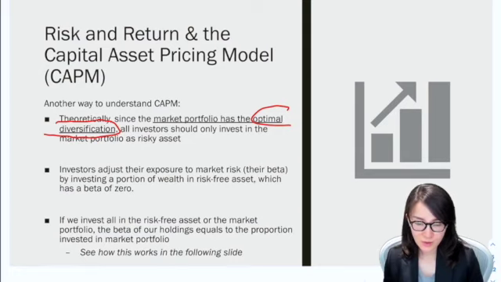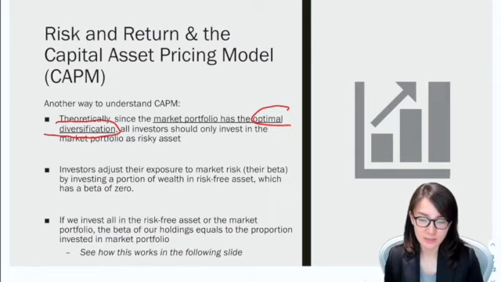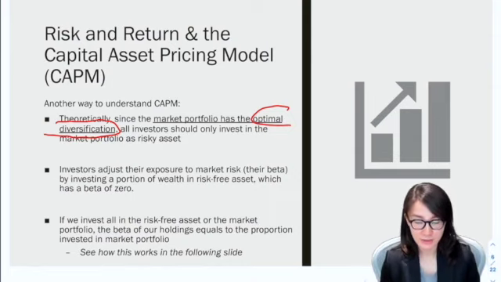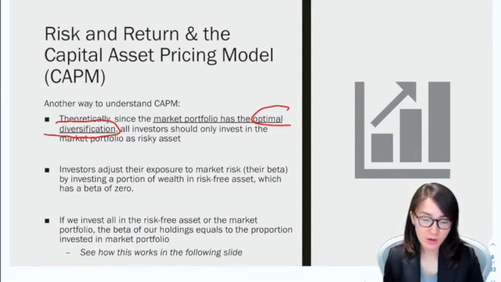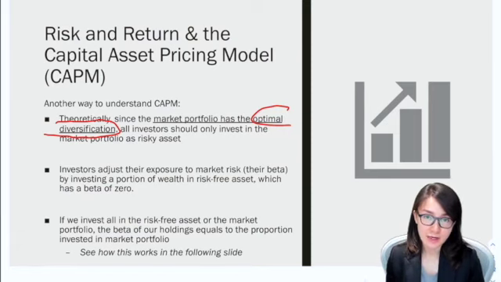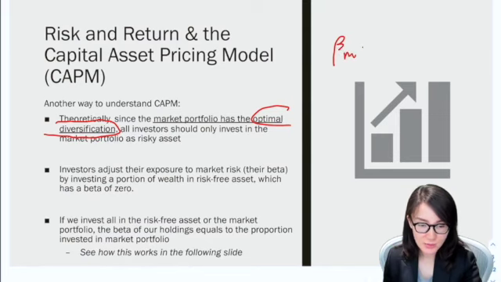And well, we know that with 20-30 stocks, we are pretty close to optimal diversification, but theoretically, only the market portfolio gives us optimal diversification. And then if we want to maximize the benefit of diversification, all of our rational investors should invest in the market portfolio. But we know that the market beta is 1.